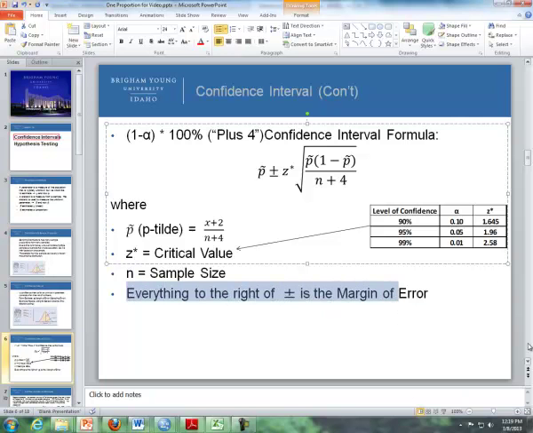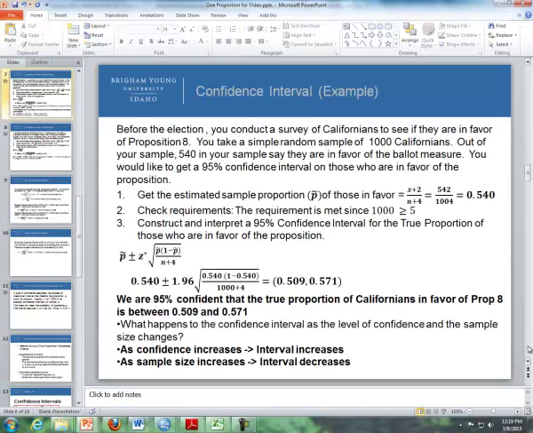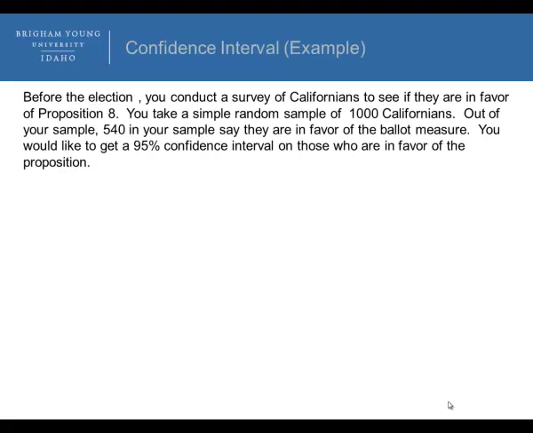Okay, so then the next slide is an example. So let's go through an example. I'll go through this one by one. Before the election, you conduct a survey of Californians to see if they are in favor of Proposition 8. You take a simple random sample of 1,000 Californians, and out of your sample, 540 say that they are in favor of the ballot measure. You would like to get a 95% confidence interval of those who are in favor of the proposition.